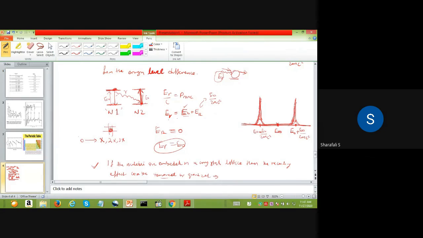When you embed your nucleus in a crystal lattice, the whole lattice has to take that energy. The nucleus itself cannot take that energy. In that kind of situation, your energy is quantized. If this gamma radiation comes and hits this nucleus, or if it is leaving from this nucleus, the nucleus will not recoil, because the lattice will not allow it to recoil.